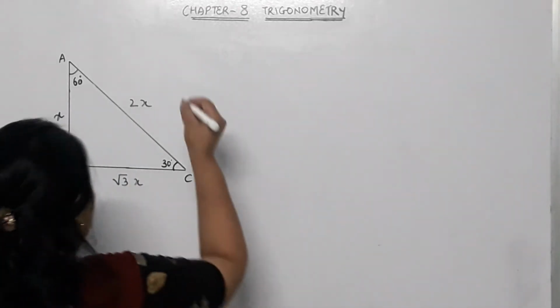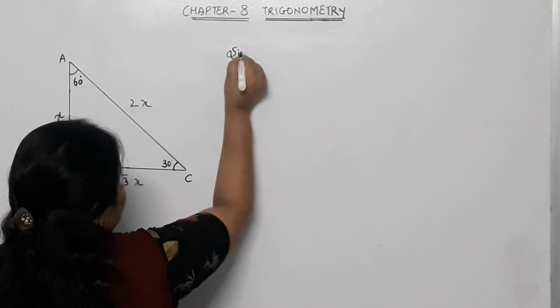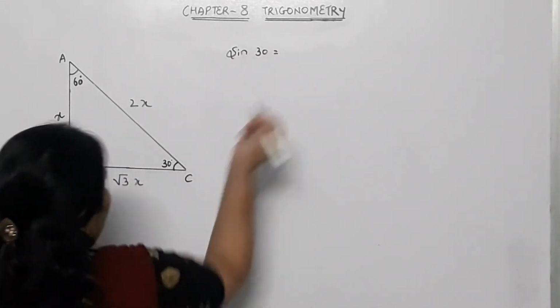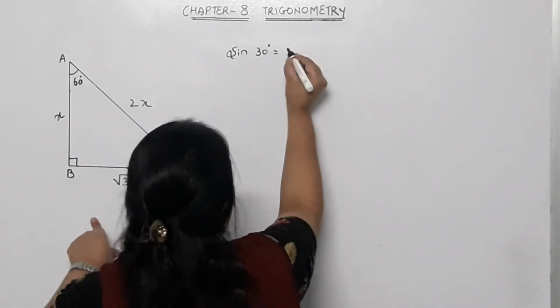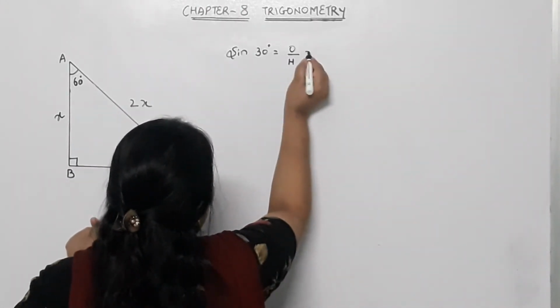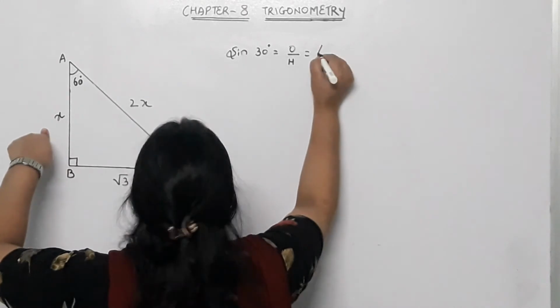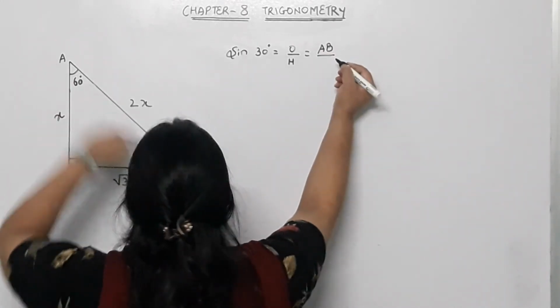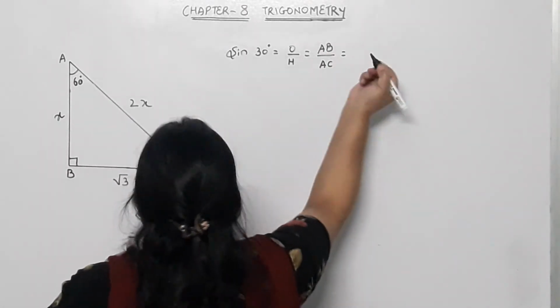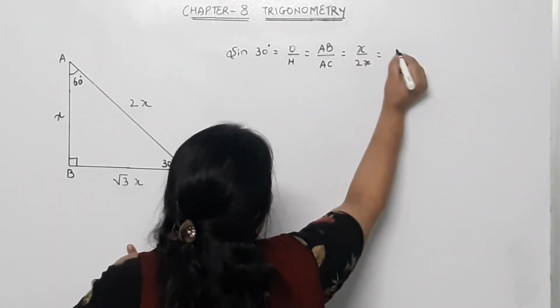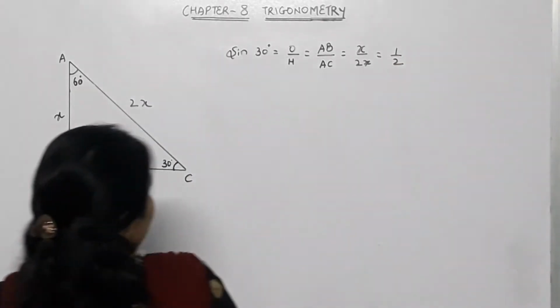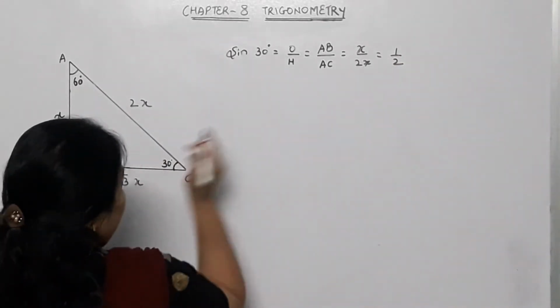So when I am taking sine 30, it is for angle C. Sine 30 is again opposite upon hypotenuse. So what is the opposite side? It is AB upon hypotenuse AC. That is equal to x upon 2x. X and x will be cancelled. 1 upon 2 will be the ratio for sine 30.